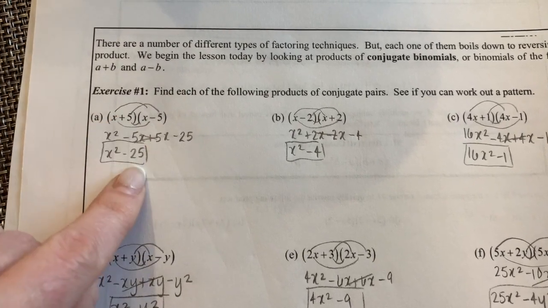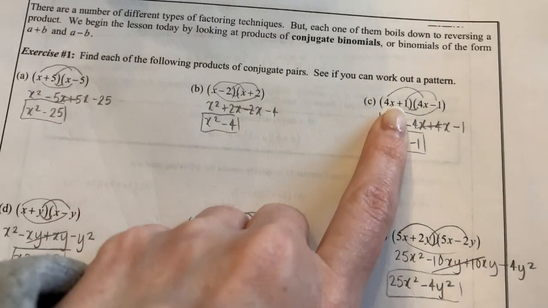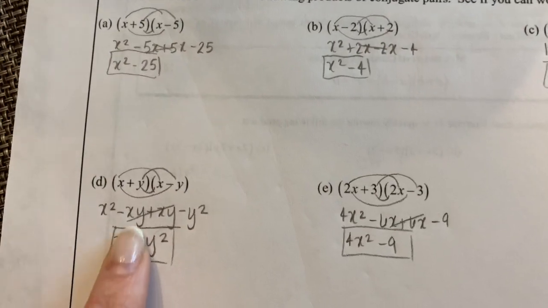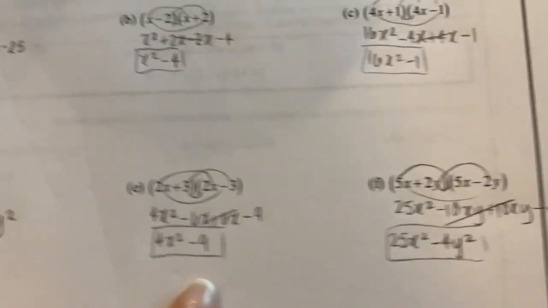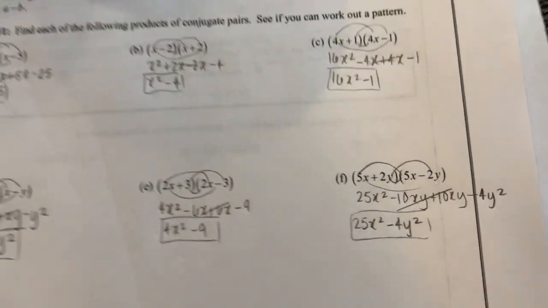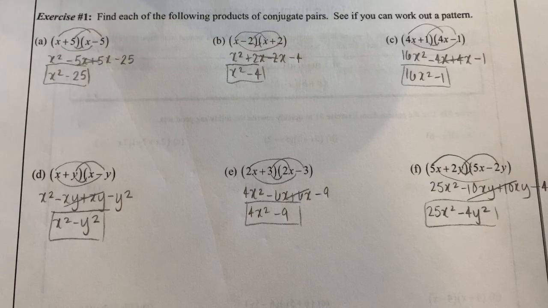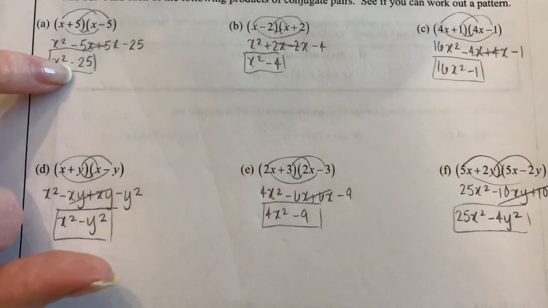So the 5 squared was 25. 2 squared was 4. 1 squared was 1. y squared is y squared. 3 squared is 9. And 2y squared is 4y squared. So, one last piece here. What do they all have in between the first and second terms? They all have a minus sign.